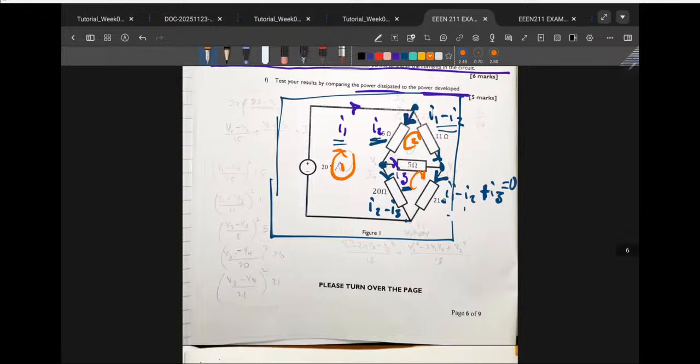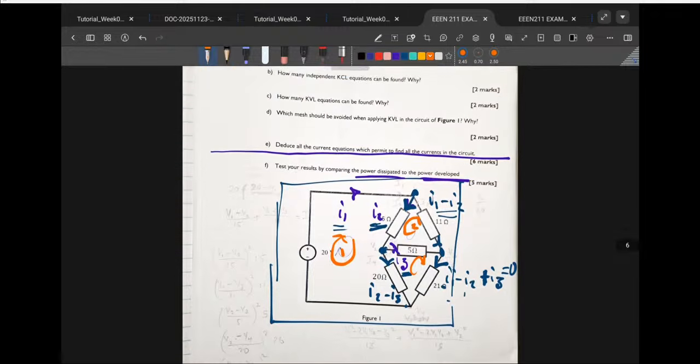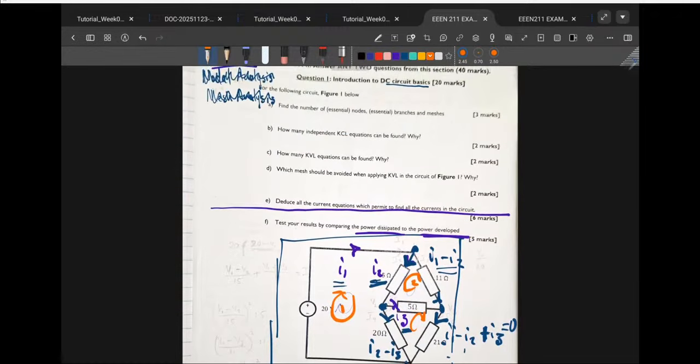And for this one, we don't need any matrices. Because for us to then get these powers, which is going to be the power dissipated and the power developed, everything becomes much easier for you to solve.